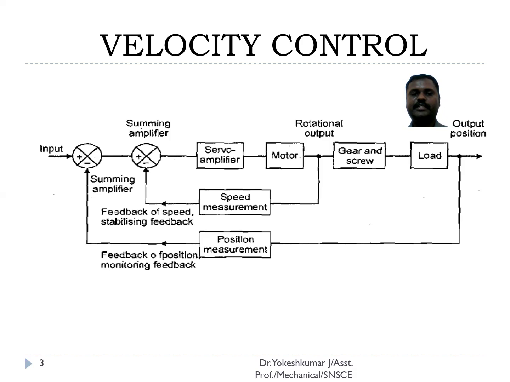Once if there is any deviation, both the deviations are sent to the servo amplifier, which amplifies the signal because the signal is very minimal from the summing amplifier. So we need to amplify the signal, then the amplified signal is sent to the motor. So the motor being controlled the speed and the position, and the speed can be easily measured with the help of speed measuring devices, and the position can be measured by means of position transducer.